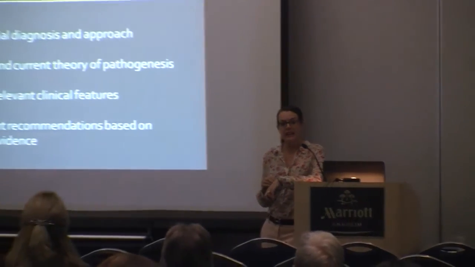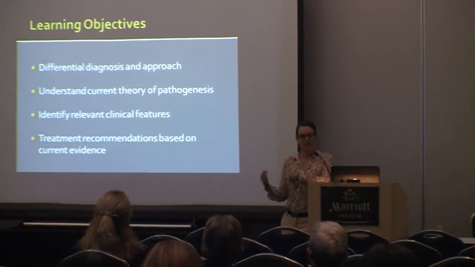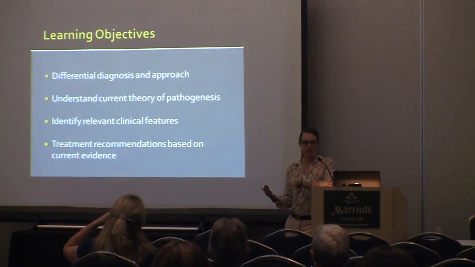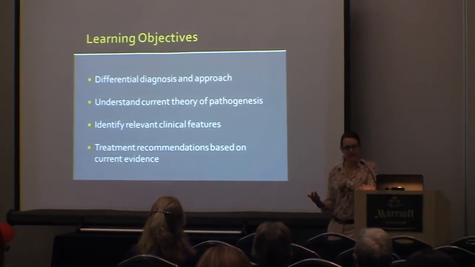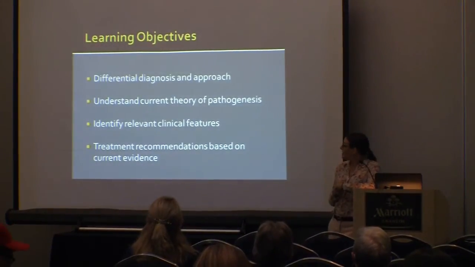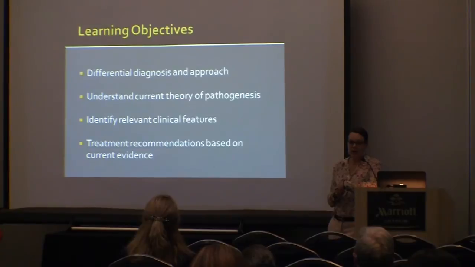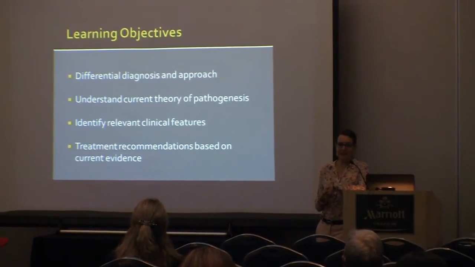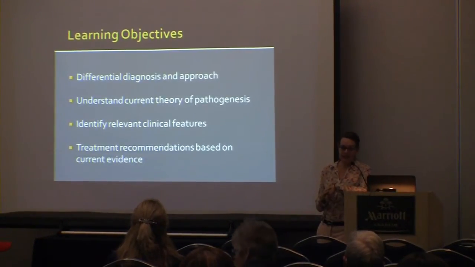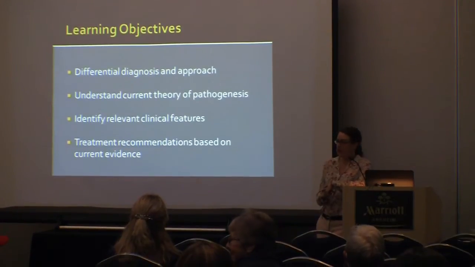So that's my background, and what I aim to do today is let you learn a little bit about what other diagnoses are considered when we see a patient with morphea, that your doctors should be aware of when examining someone with a potential diagnosis of morphea and things that they need to eliminate. Also, to understand a little bit about what we think is going on in the skin in patients with morphea, which might be a bit different than what's going on in scleroderma.